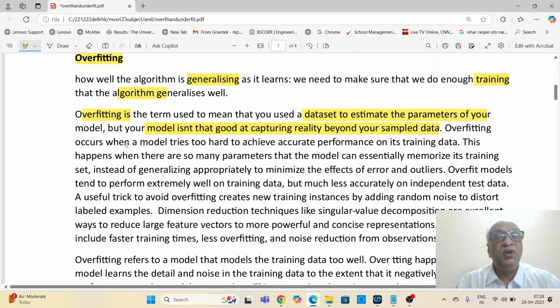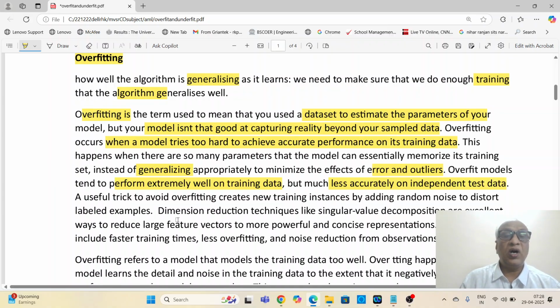When will overfitting occur? When a model tries too hard to achieve accurate performance on its training data. Why does this happen? Because there are many parameters and less generalization, and maybe to avoid errors and outliers. An overfit model performs extremely well on training data, but less accurately on test data.